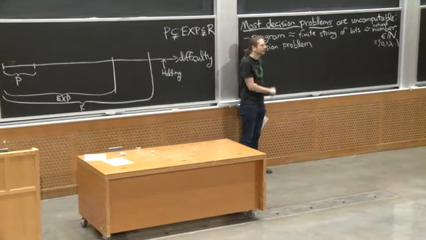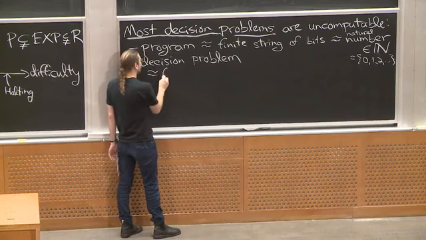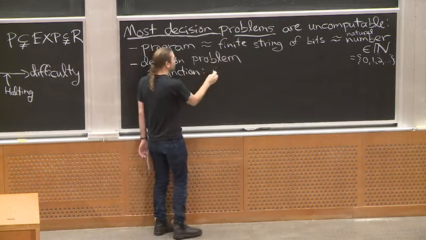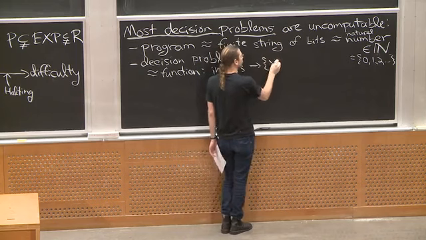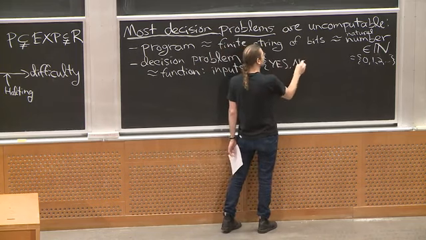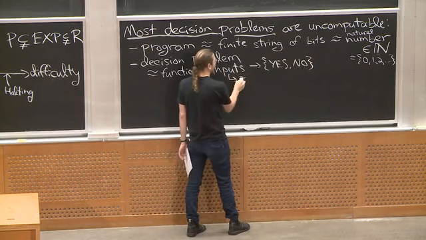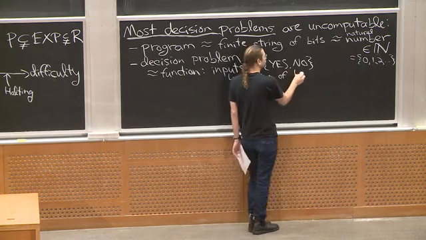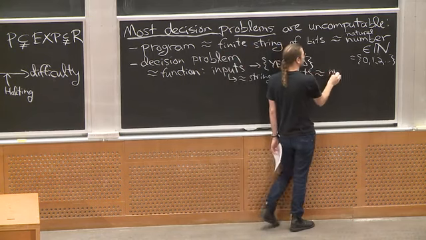It's just a file. So a decision problem is a function from inputs to yes or no. And inputs, we're going to say, are strings of bits, which we can associate with a number in N.